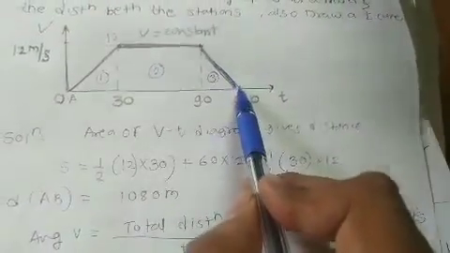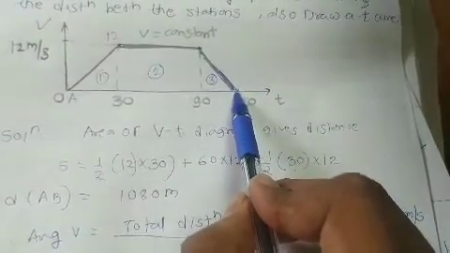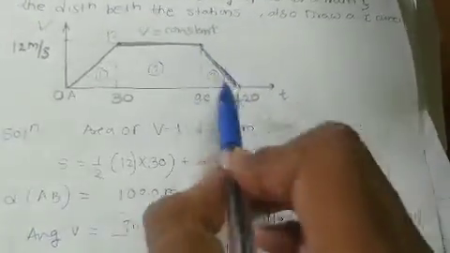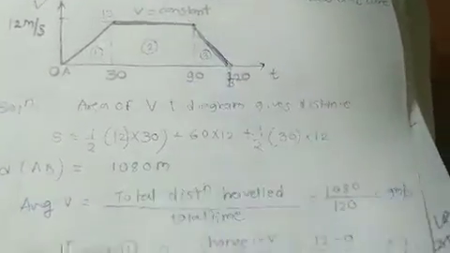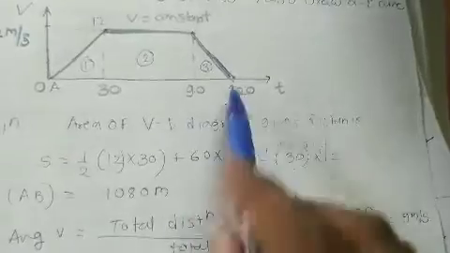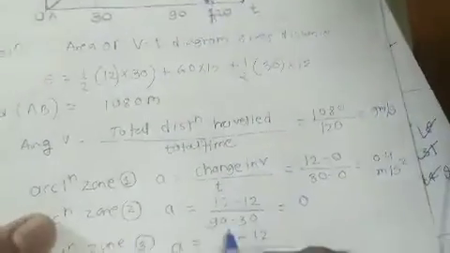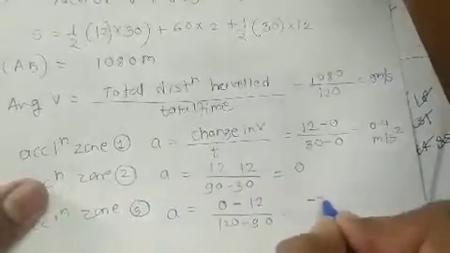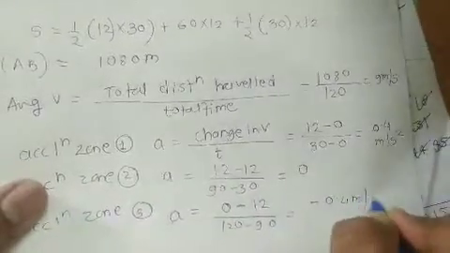For zone 3, final velocity is 0 and initial velocity is 12. So 0 minus 12 upon change in time, 120 minus 90, and that is equal to minus 0.4 meter per second square.